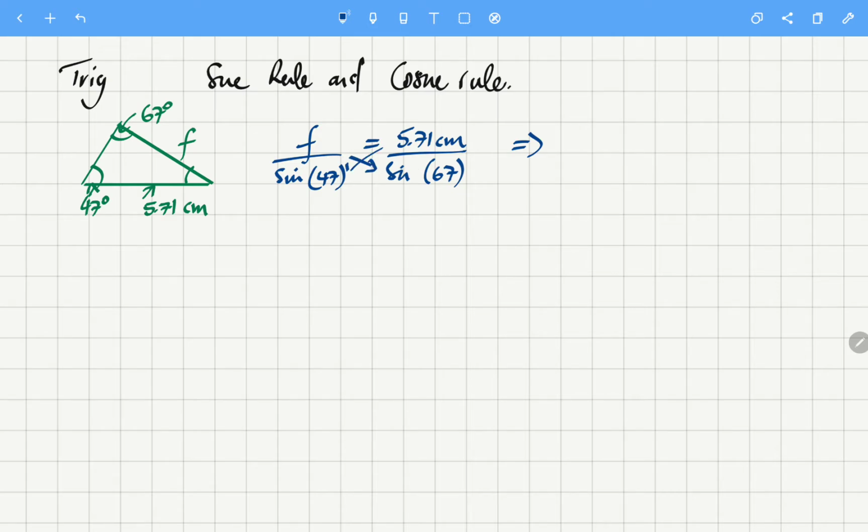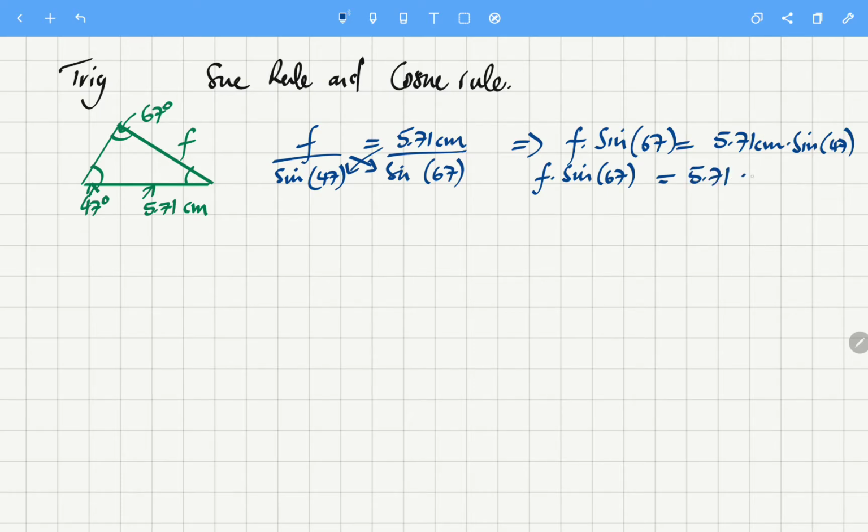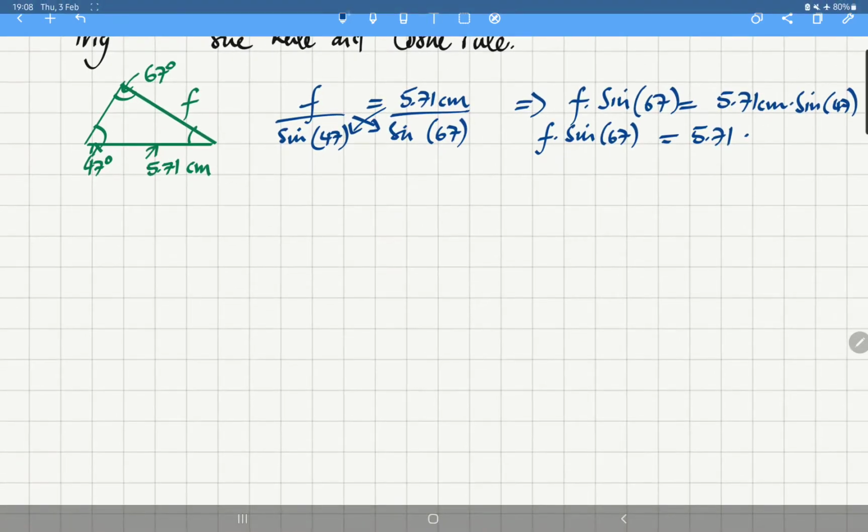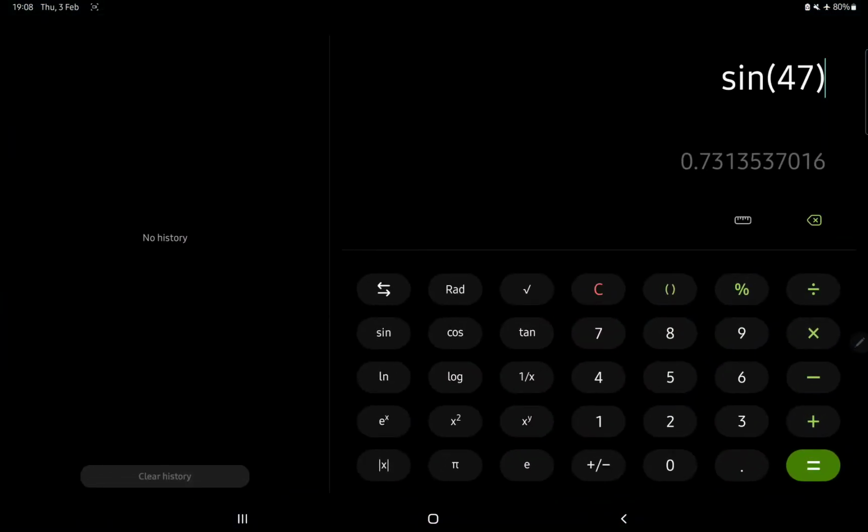That gives us f times sine 67 equals 5.71 centimeters times sine 47. Simplifying further, 5.71 times sine 47 is 0.73 and so forth.